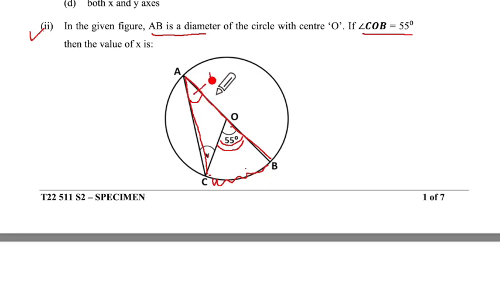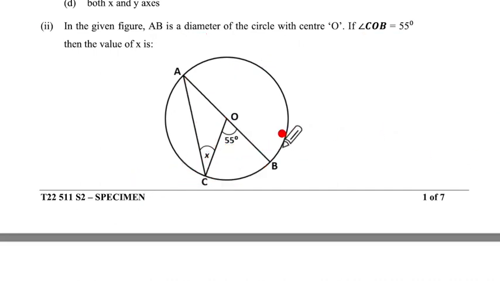So this is going to be half of 55. That gives you 27.5 degrees, correct? Now you will see that in this triangle, this is equal to this. So this angle and this angle, both of them are going to be the same. So this also is going to be 27.5 degrees.